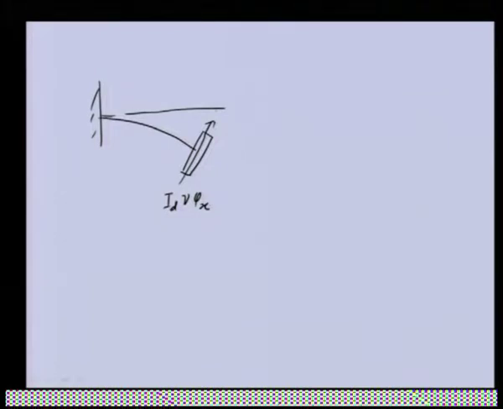Okay. If we again relook into the direction of the angular momentum, this particular disc is tilting about a diameter, let us say this is the axis. If we are looking from the top, the tilting direction is counterclockwise, and because of this the angular momentum is in the direction of this according to the right hand rule.